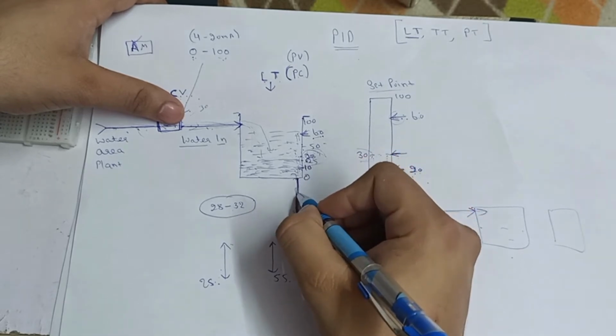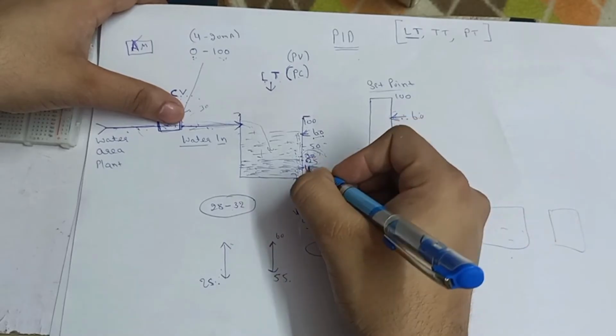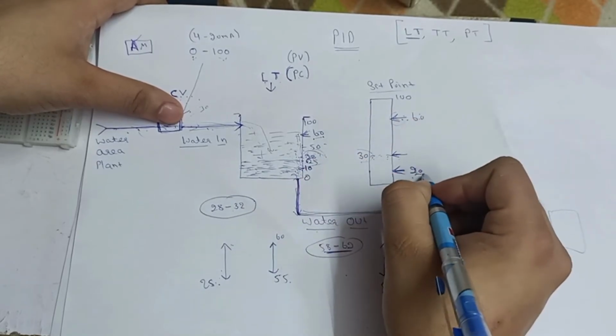The water goes out here and it tries to come from 60 to 35, and after that we need to maintain nearby 20.